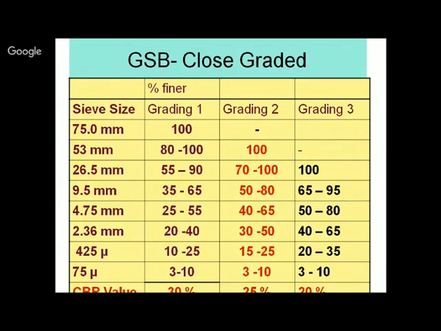Now what you are going to see here on the screen is the specification from the earlier revision, 2001. Let me reiterate that the document which is valid, authentic and legal for highway engineers to be followed in road construction practice is the Specification for Road and Bridge Works by MORT&H, Ministry of Road Transport and Highways, and the latest revision is that of 2013, which is being practiced here.